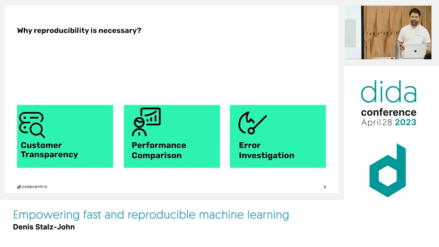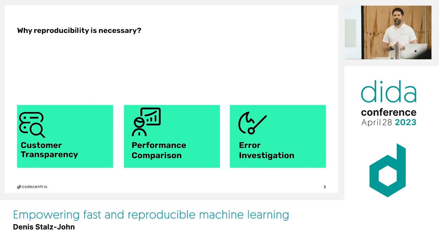The second thing is about how to get better models. You want to compare different experiments, the outcome of different models, and therefore you need to compare the performance of the models so you can choose what the next steps are. And the third thing is about finding the error of a model.